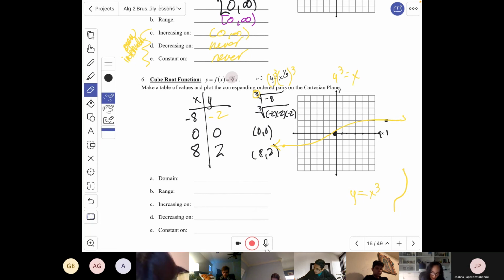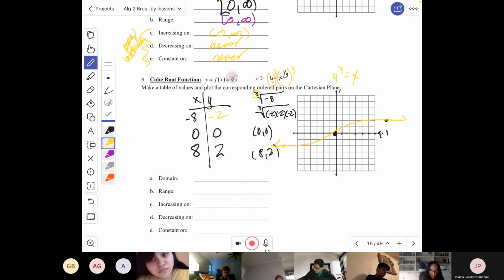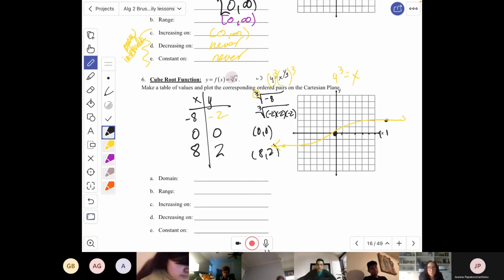All right, looking at the domain of this parent cube root function, what would be the domain represented as an interval? What's the domain? Anybody? All real numbers. It is all real numbers.